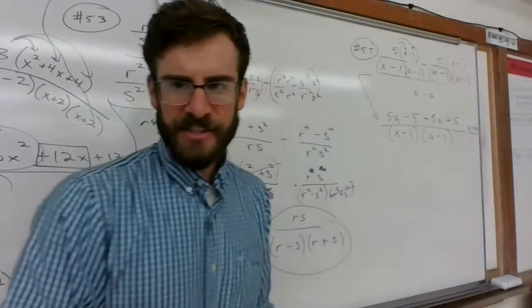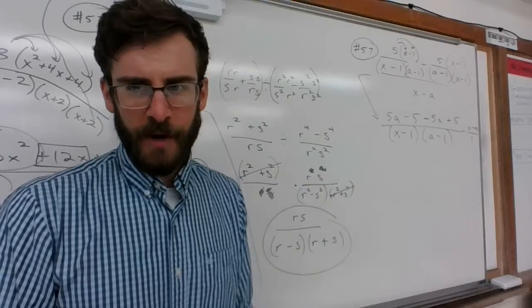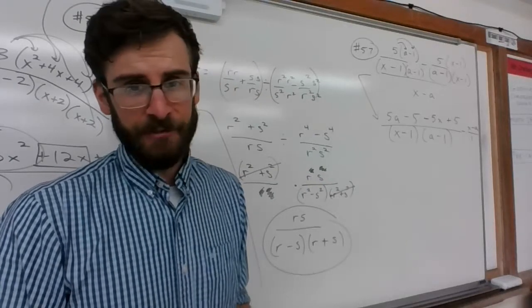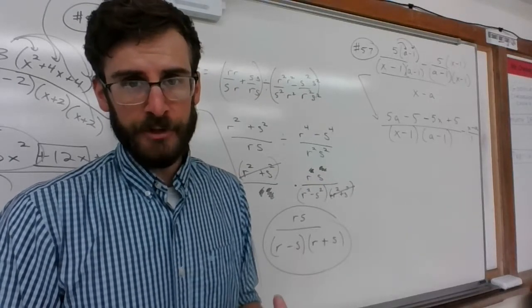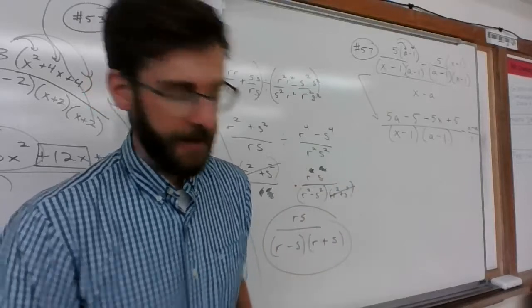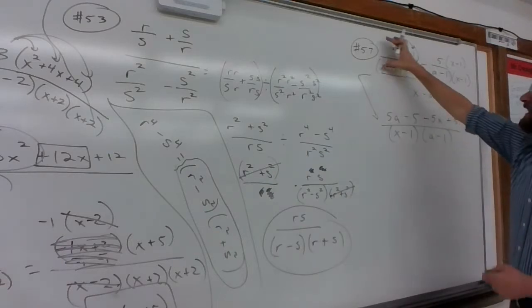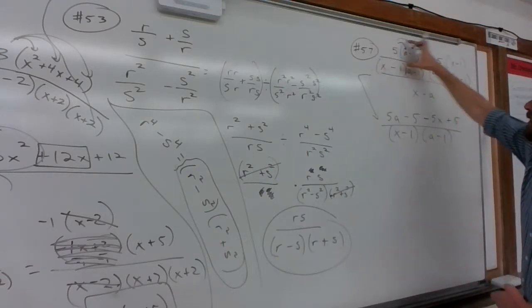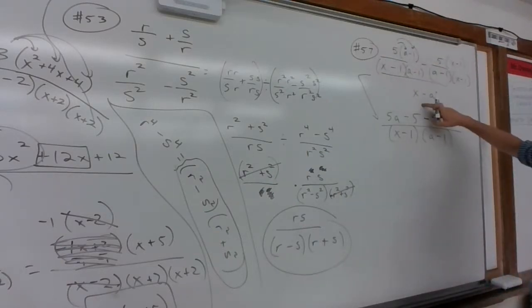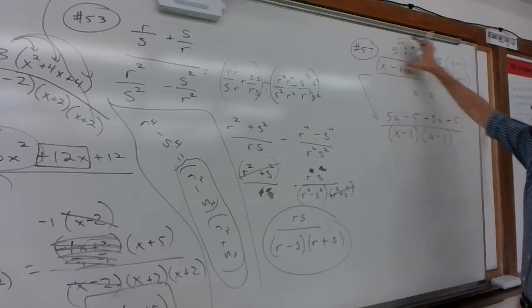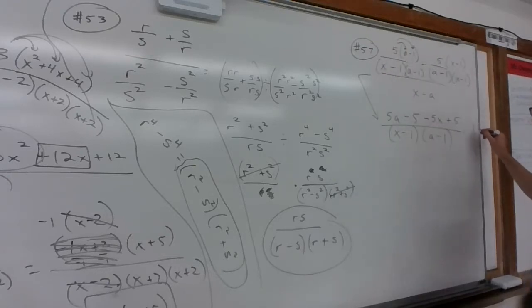Actually, instead of doing that, I'm just going to flip it and multiply right away. I'm just going to multiply by 1 over x minus a. So instead of dividing this entire thing by x minus a, I'm going to take this entire thing times 1 over x minus a.